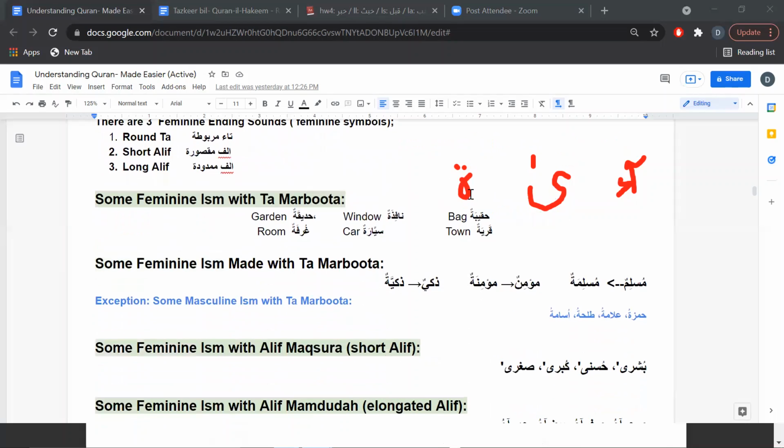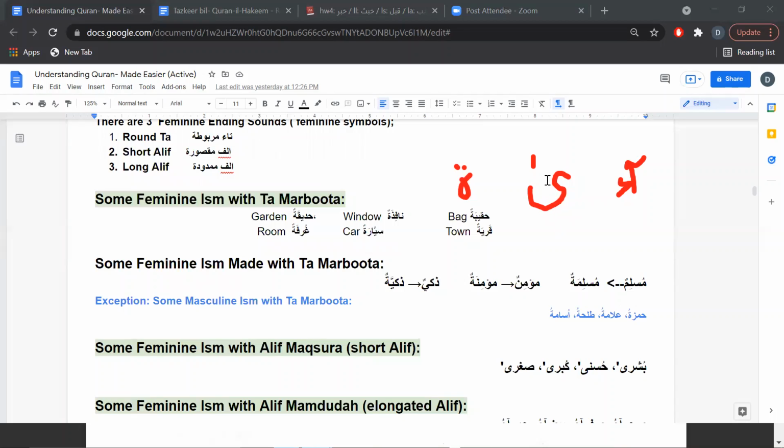Now we learned that ta marbuta usually makes an ism feminine 97, 98, 99% of the time. But there are some exceptions, like we know Usama, Talha, and Hamza: Hamzatu, Talhatu, Usamatu. These are male names, right? So these are exceptions.